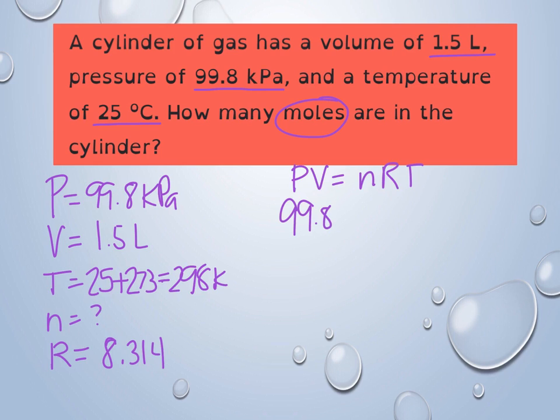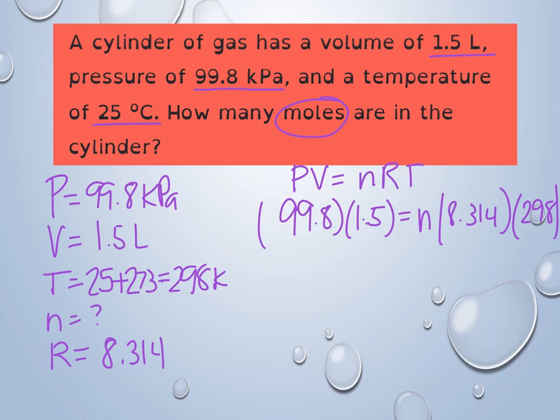Our pressure of 99.8 times our volume of 1.5 equals our N, which is what we're looking for, times our 8.314 gas law constant and our 298. And so when you solve this, you're going to multiply the left side and multiply the numbers on the right side, and then do some division. And when you do that, you get the amount of moles is 0.06 moles.